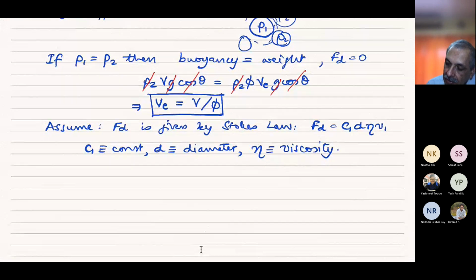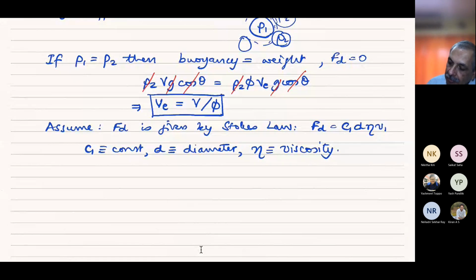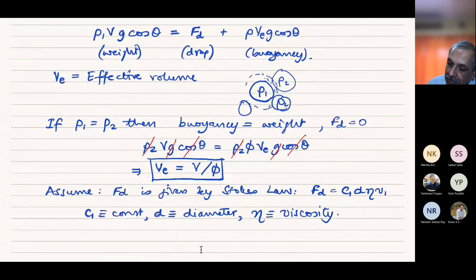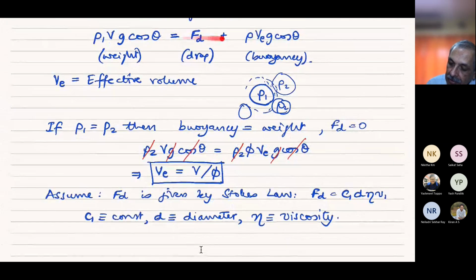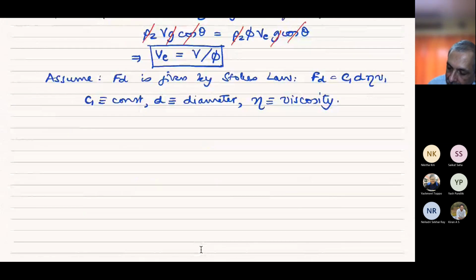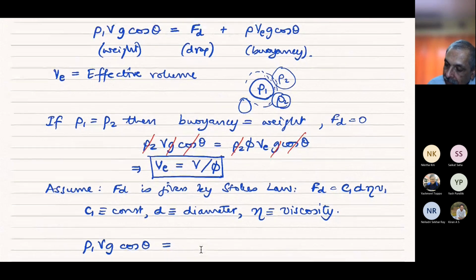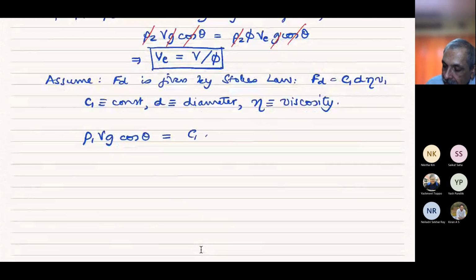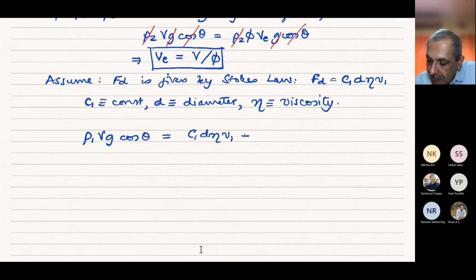So now if we substitute for both Fd and Ve in this equation, then what you'll have is rho1 V g cos theta is equal to F drag, which is just C1 d eta into V1, plus the buoyancy force, which is just rho.